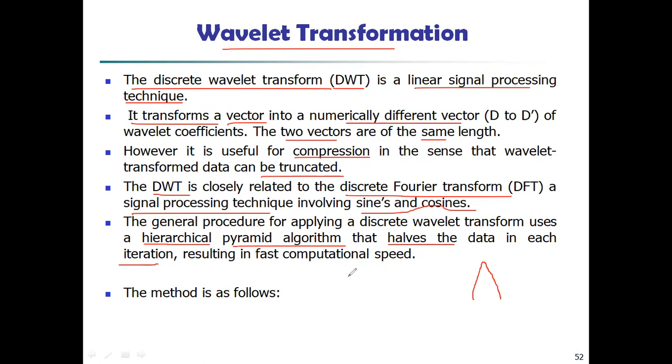One half of the data, then the second half, is halved in each iteration: the first iteration, the second iteration, and so on. Doing this results in fast computational speed. So remember that hierarchical pyramid algorithms are used in the wavelet transformation.